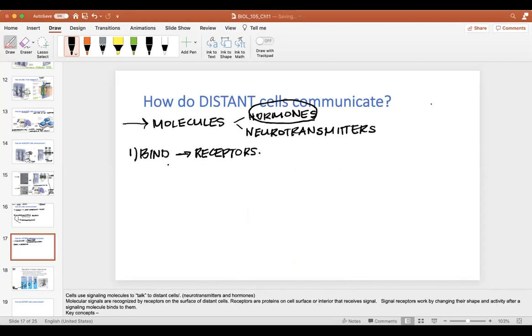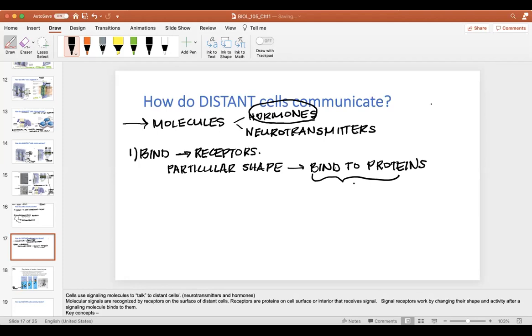So hormones might have a particular shape, and because they have a particular shape, they can bind to other proteins. And it's these proteins that fit the hormone shape that are called cellular receptors.